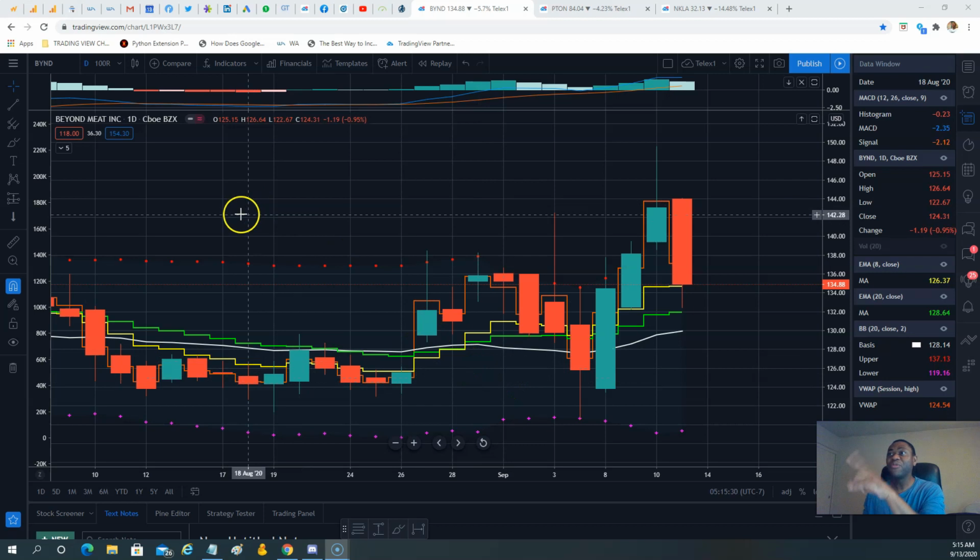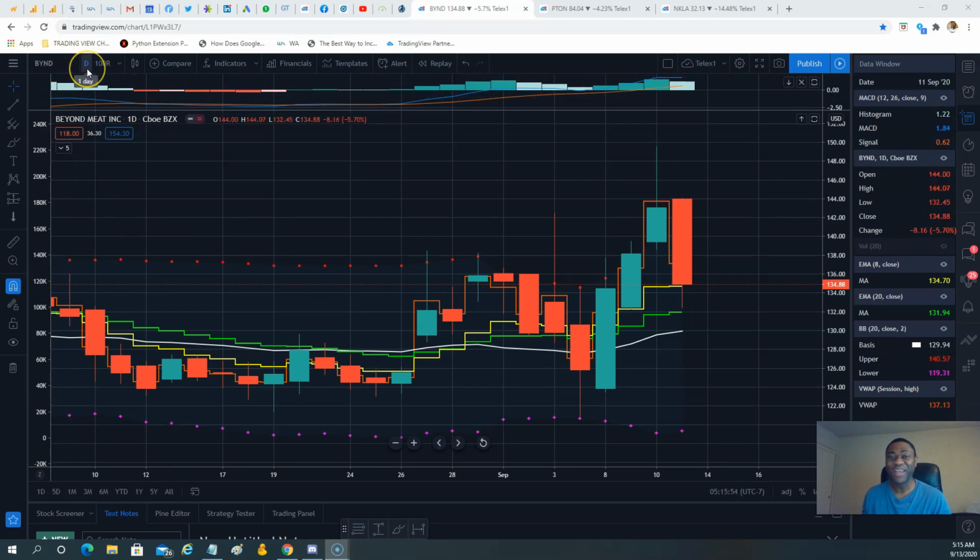So I'm using TradingView, which is free, so you can download it and set up an account. I'm going to show you the value at the end of this, why I'm using it, because there are some very cool features on here. To start, I'm using a chart of a recent stock that we traded last week, but that's another story for another day.